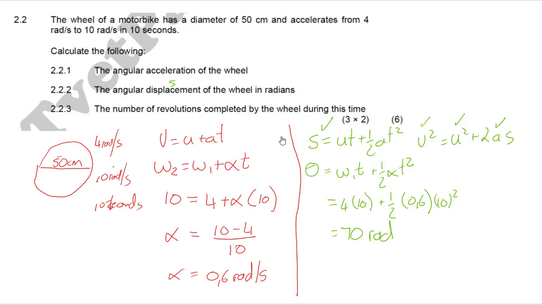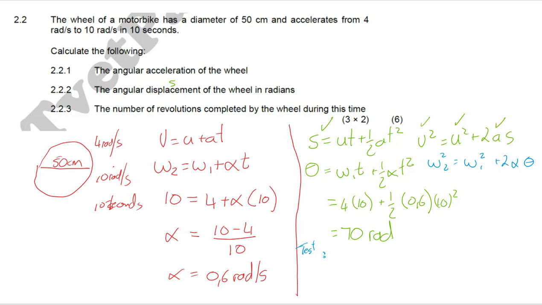Okay, let's do a test. I'm going to just change the color. This is the test. So we want to use v squared equals u squared plus 2as. If I write this, it would be omega 2 squared is equal to omega 1 squared plus 2 alpha theta.